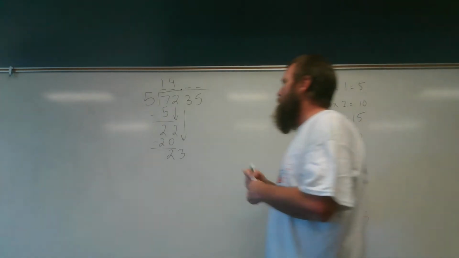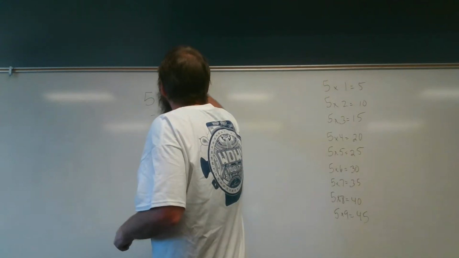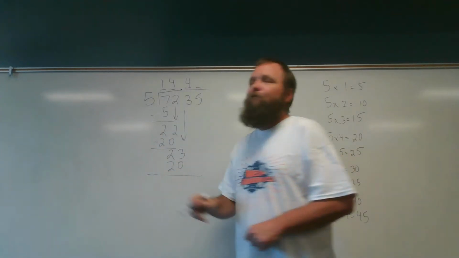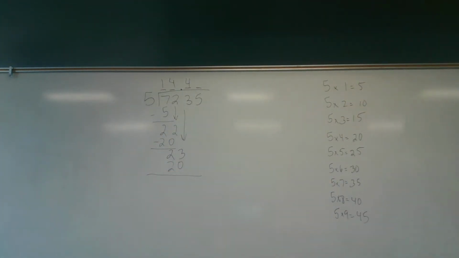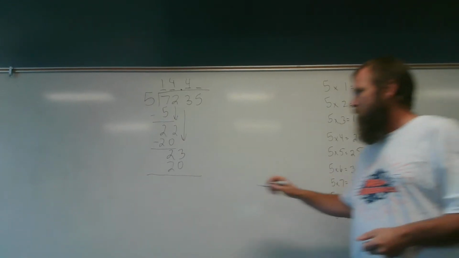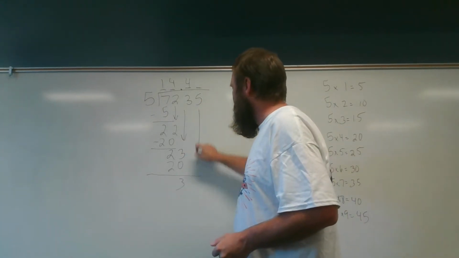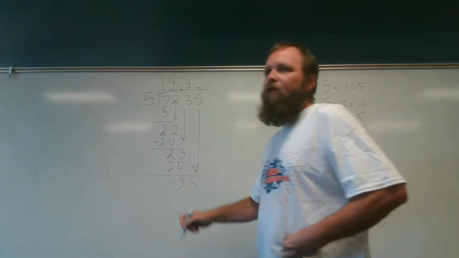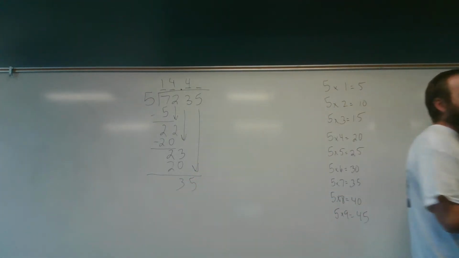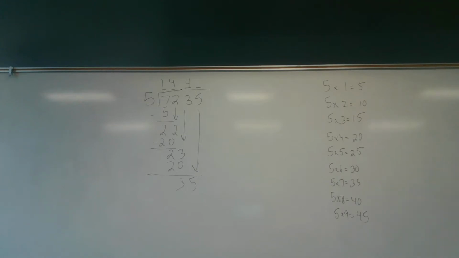So I'm at 4 again. So now I know I have a 4 in my 10th place. And then I subtract. I still have one more number to bring down. As long as I have a number to bring down, I have to bring it down. Every number I bring down is going to have a number above it in the quotient.